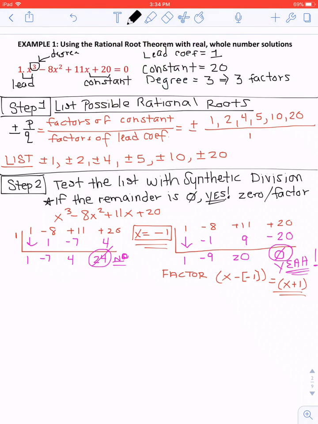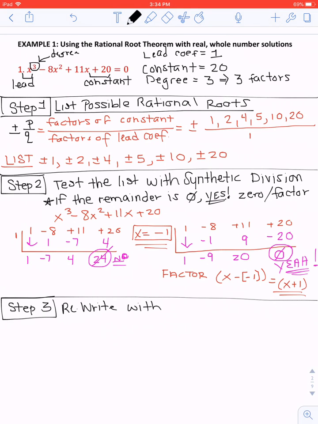Once you find one, you stop your testing process and you identify what you have. So step 3, we are going to rewrite with factors. So the factors that we found. So we're writing factored form, but we're not necessarily done.